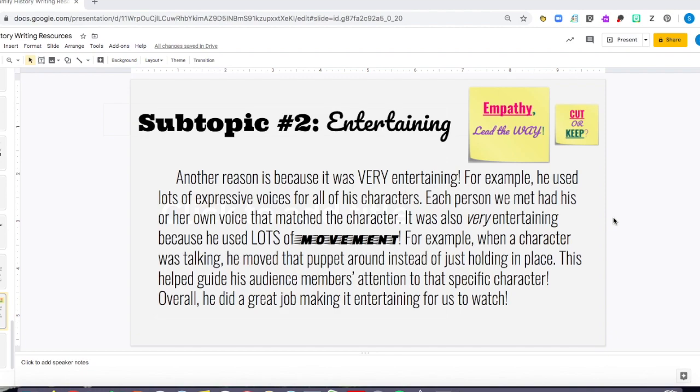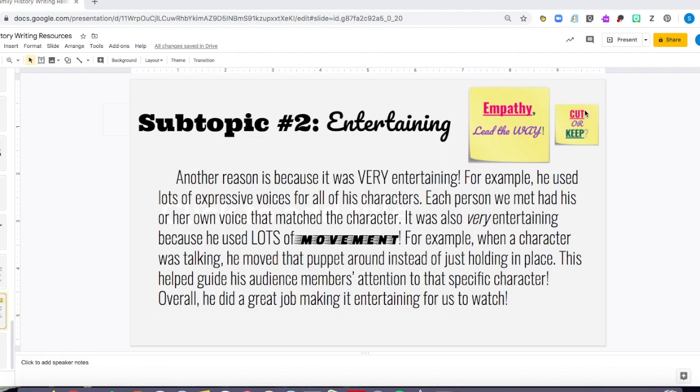So now I'm ready to go ahead and model Empathy Lead the Way. So on the top right-hand corner, I have a post-it that says Empathy Lead the Way. That's the strategy we're practicing today. And then yesterday, we talked about the strategy to and or not to and our reminder phrase was cut or keep.